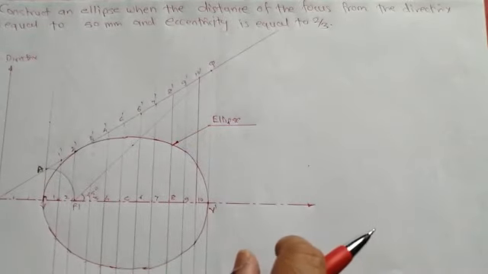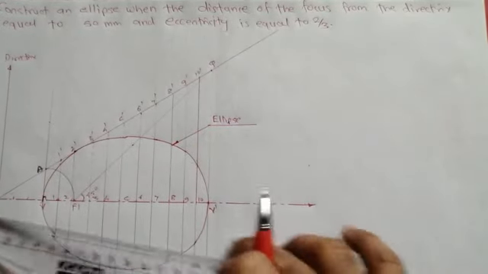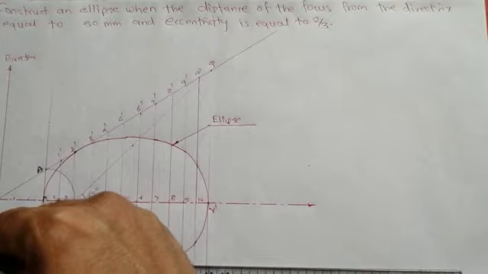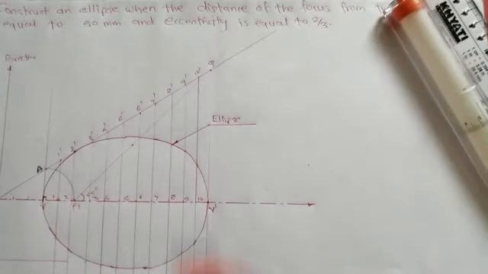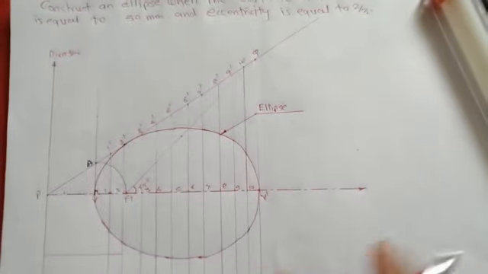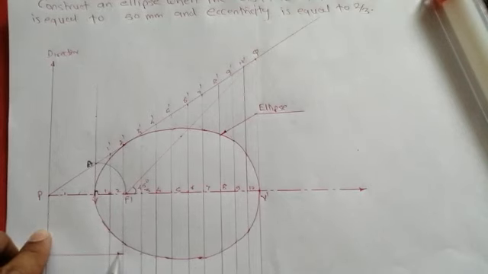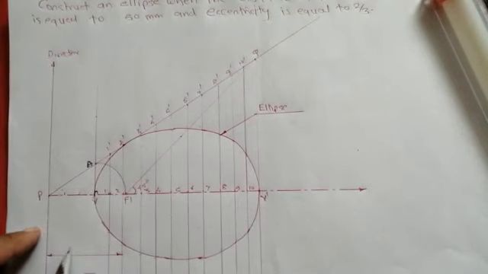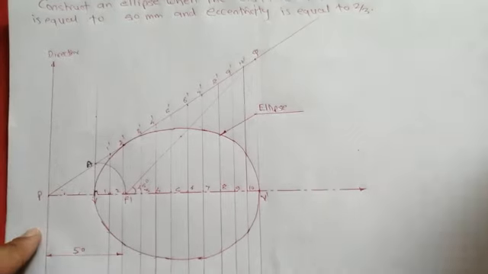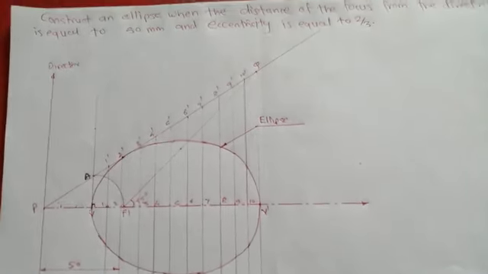Ellipse. 50 millimeters. So this is the way we have to construct an ellipse.